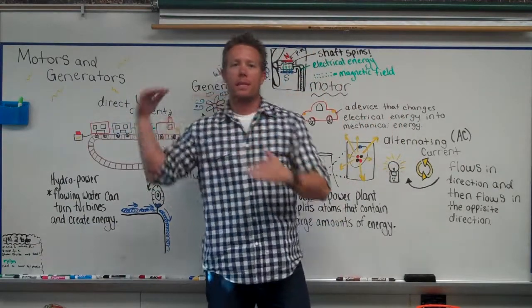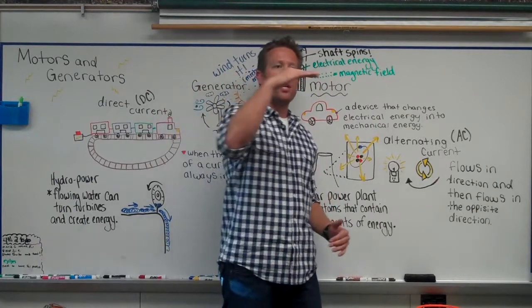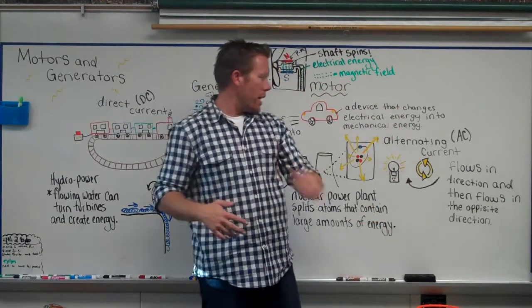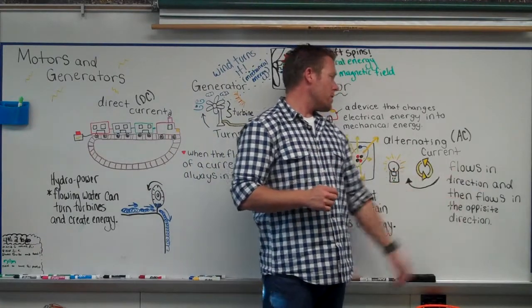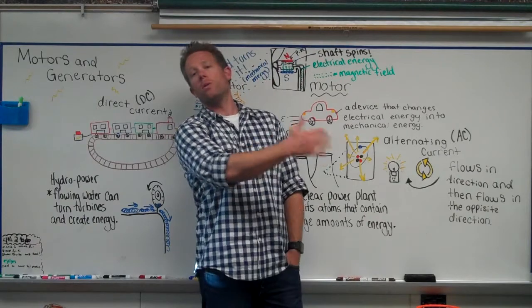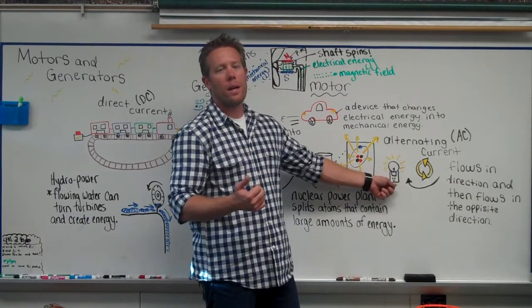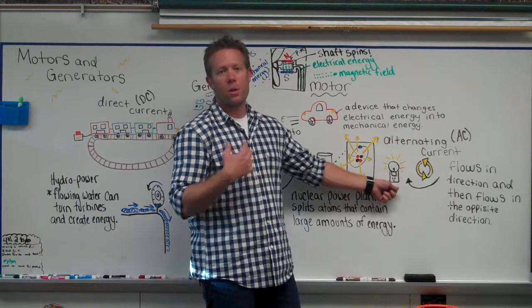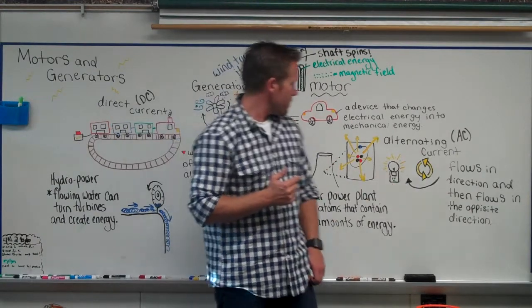So it's going like this. Okay? It's alternating, going one direction, and then it alternates and goes the other direction. Here's what it looks like in your notes. It flows in a direction and then flows in the opposite direction. And once again, a lot of the outlets in your house are AC, or alternating currents.